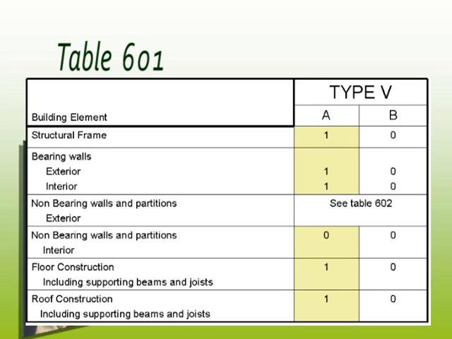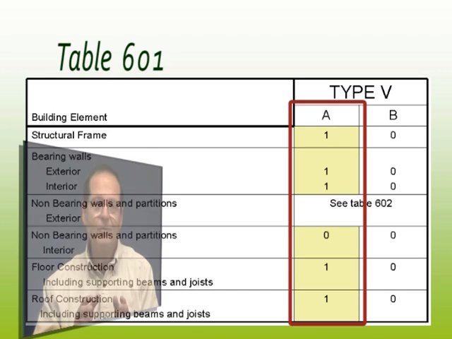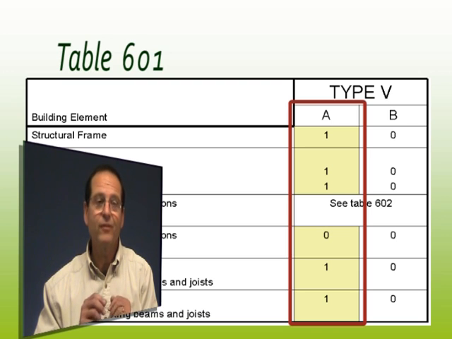Continue on. So with that knowledge, now we're actually getting to something that's finally usable. So table 601 is where we take a look and we can find out exactly what rating we're going to need for the various assemblies. So it's very nicely organized here for type 5A. Rated straight down the row there. Everything pretty much has to be a 1-hour rated assembly for the structure, for the exterior walls, non-bearing walls, bearing walls, etc. So that all sounds very simple. What's missing here again, though, is the footnotes.